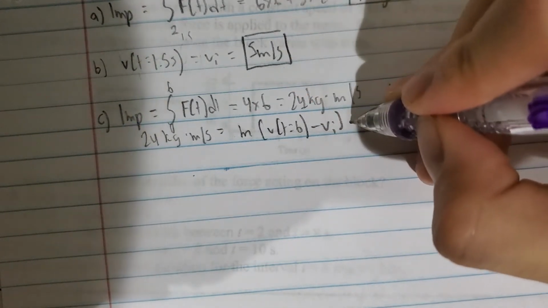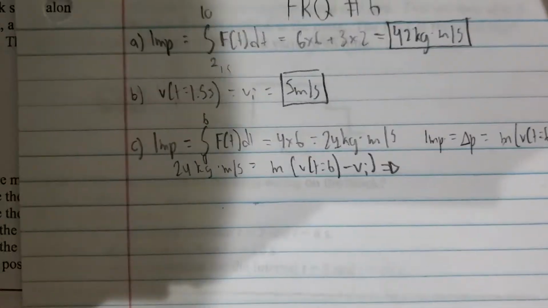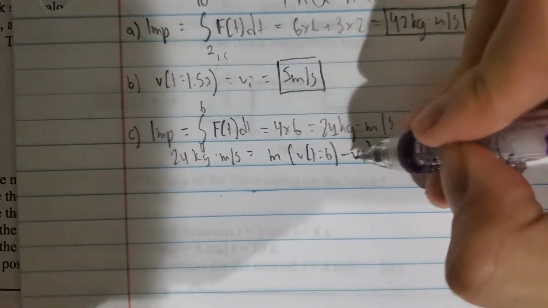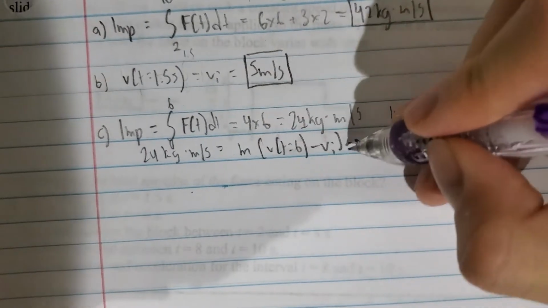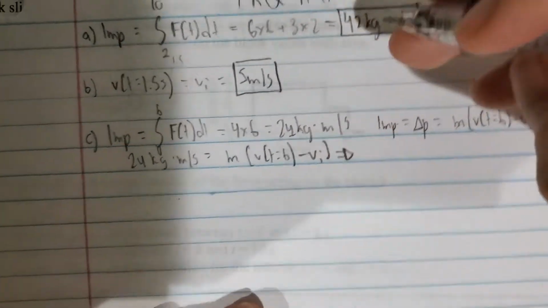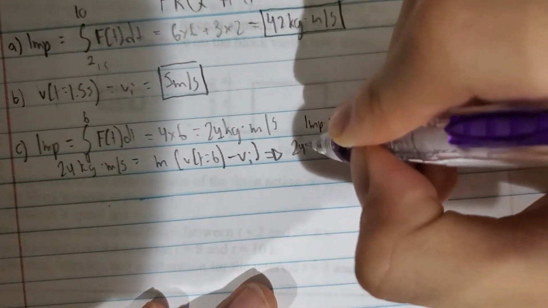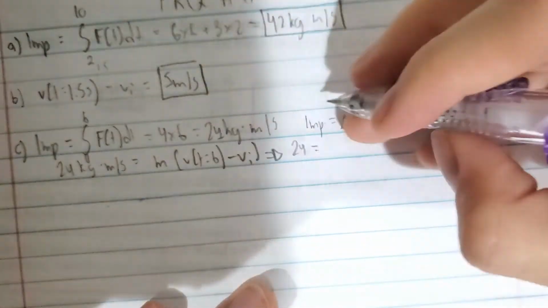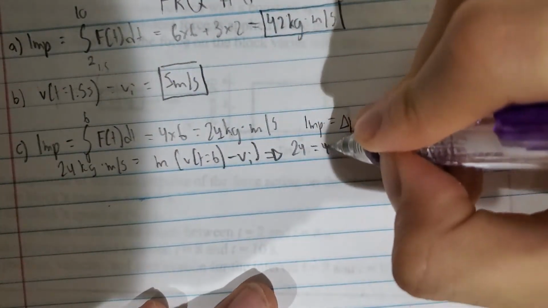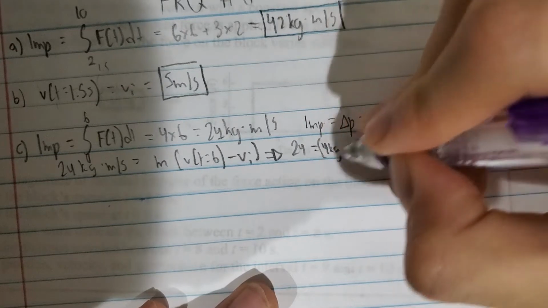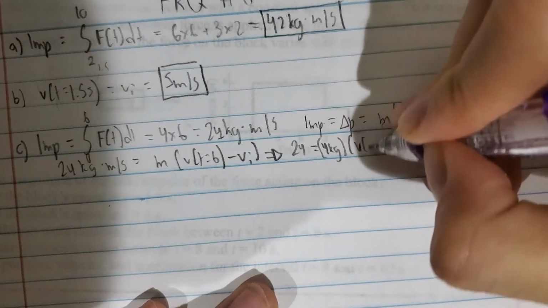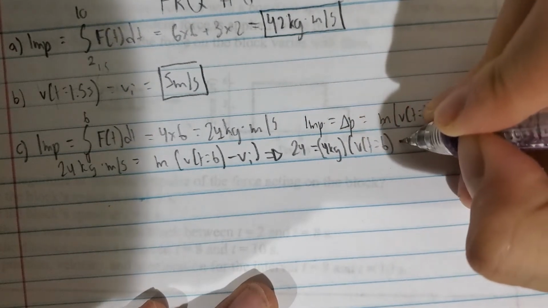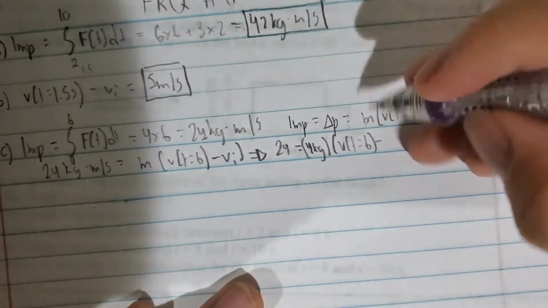Okay. I want to find v at t equals 6 seconds. I know my mass and my v i, so I'm going to plug them in right now. So 24 is equal to, mass is 4 kilograms, times v at t equals 6 minus v i, which is 5 meters per second.